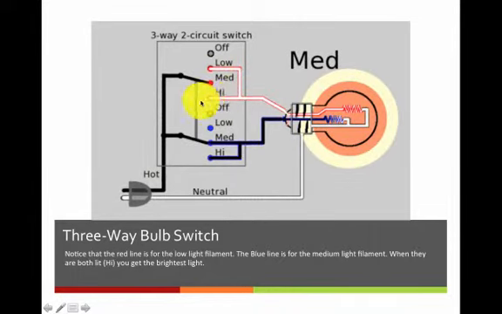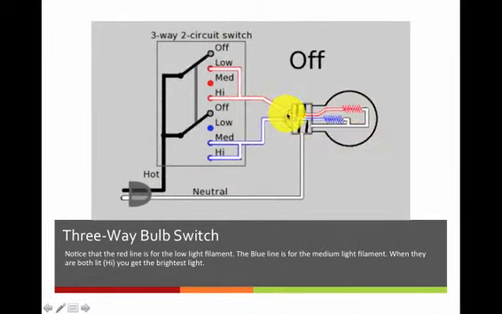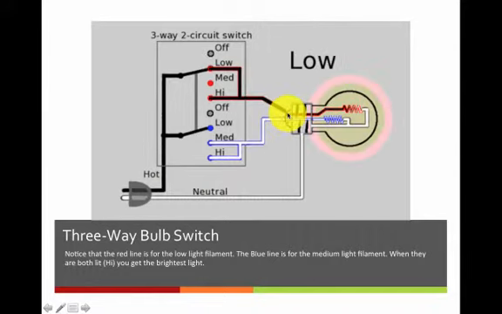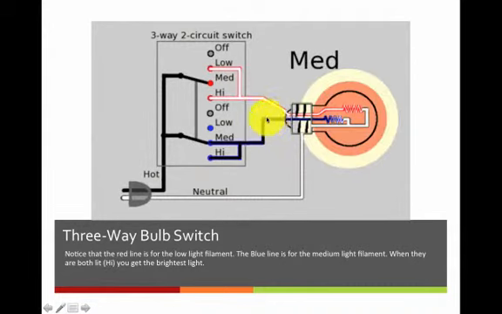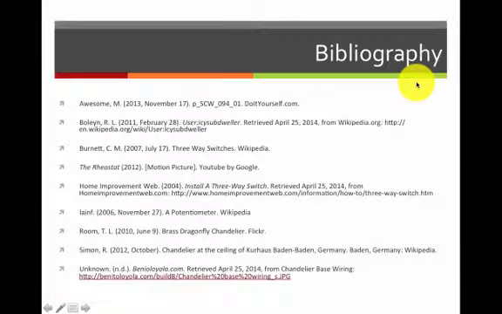We notice that the low branch feeds this ring here, this low filament. We see it connecting right in here. The very bottom, however, is connected to that medium filament. You can kind of just take a look. This is a great little graphic animation to help understand the three-way bulb.